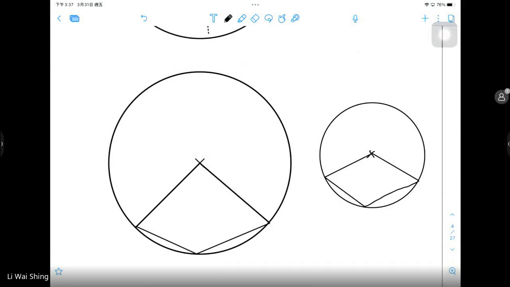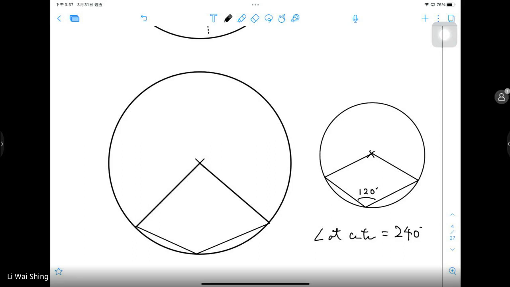Help me to find the value. If this time the angle at circumference is 120 degrees, what would be the value of the angle at center? It's twice the angle at circumference, so it is equal to 240, right?